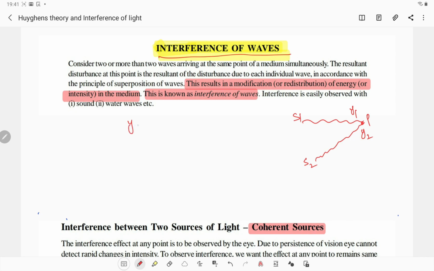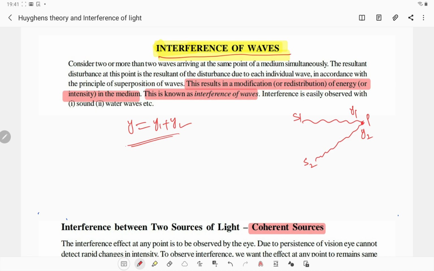According to the principle of superposition, the resultant displacement y is equal to y1 plus y2. See here, due to superposition, in the region of superposition, a redistribution of energy or intensity can take place.